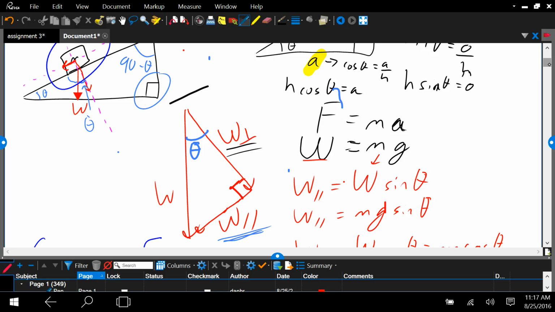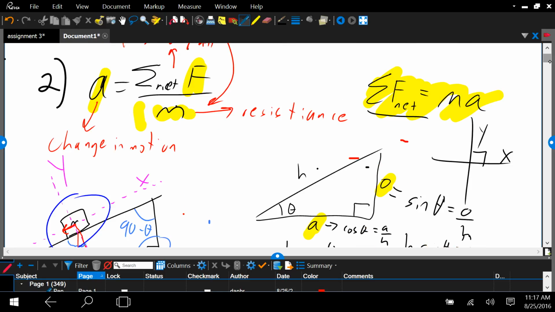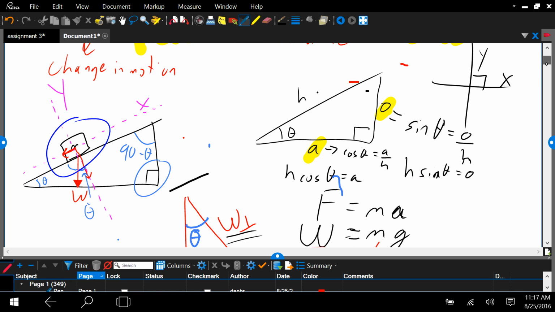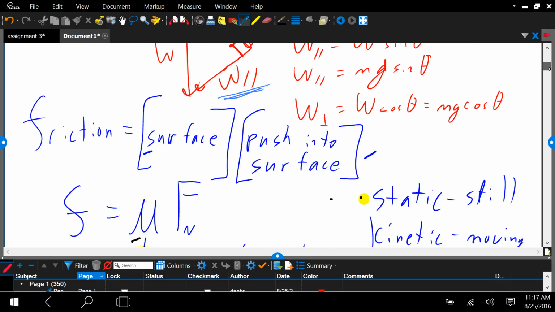Okay, so those two are congruent to each other in length because one of them balances out the other. So the normal force is pushing up off the hill this way, the force normal. It is balancing out the weight perpendicular, the part of the weight that pushes into the hill. All right, so here's the equation for it, mg cosine theta that we saw earlier.